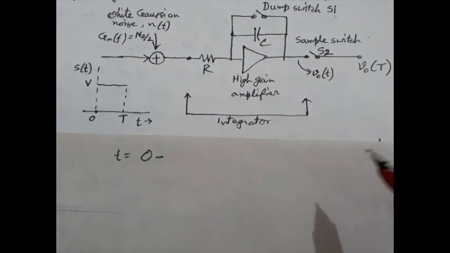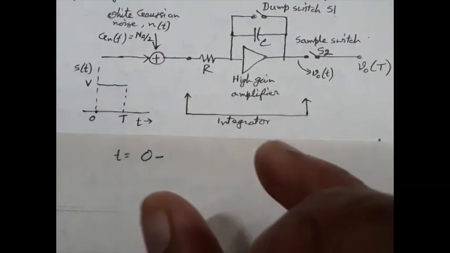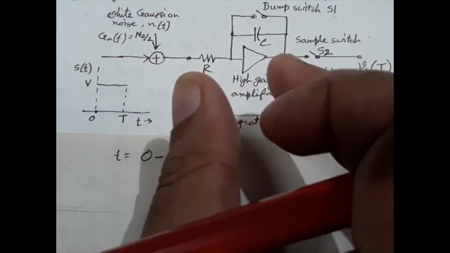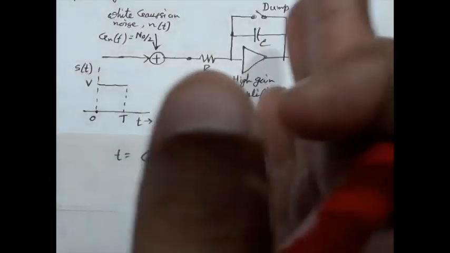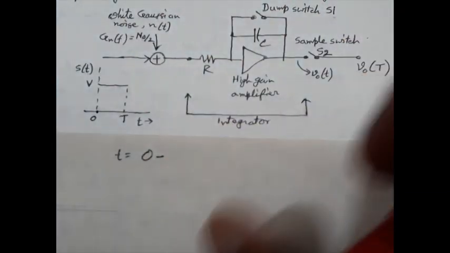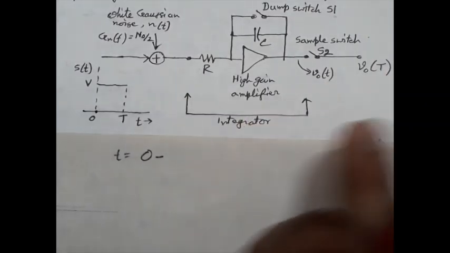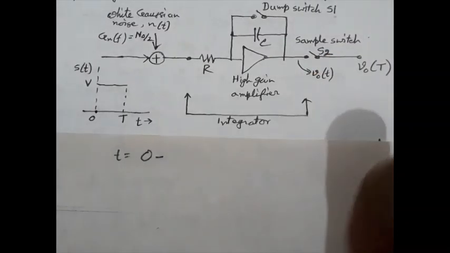Thus, we relieve capacitor C of any charge it may have accumulated, because we are just assuming as if we are observing this at the midpoint. That means there are some previous bits and other bits will come in the future. The sample is taken at the output of the integrator by closing the sample switch S2.